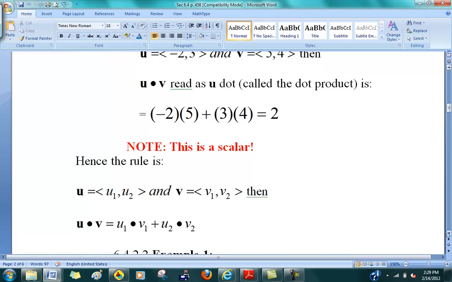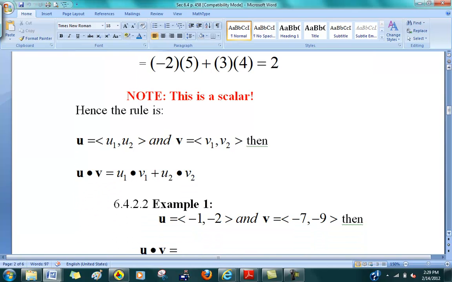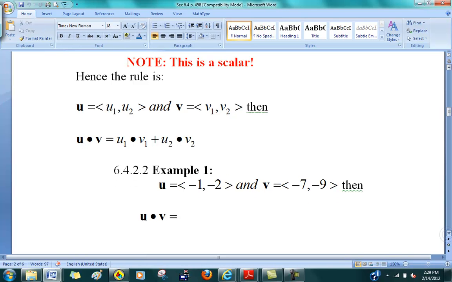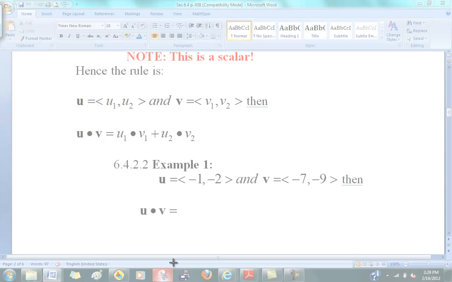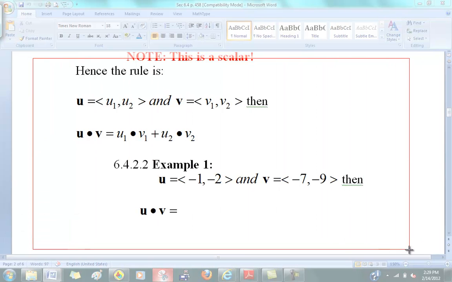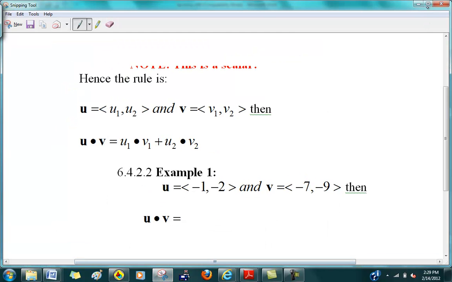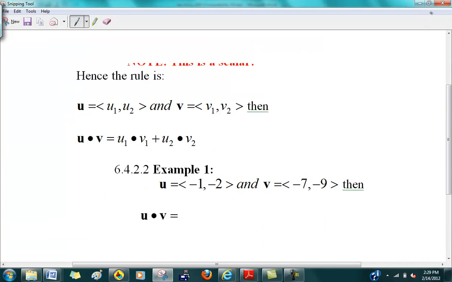Given two vectors in component form as u equals u1 comma u2, and v equals v1 comma v2, the dot product is just the product of the x components plus the product of the y components. So here's another example. Normally in class, this example would have been done by the students, so I can know whether you've understood or not.